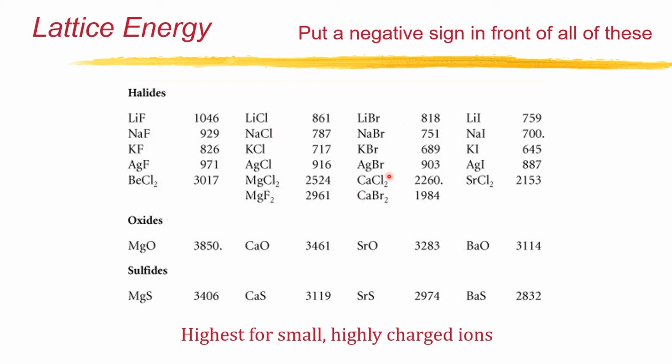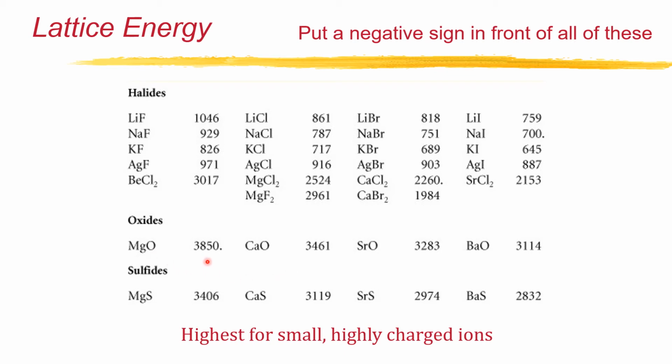And what makes for a large negative lattice energy, a very strong lattice? Well, you want small ions with big charges. So, things like magnesium oxide versus calcium oxide. These have big charges, and these are both +2, -2.